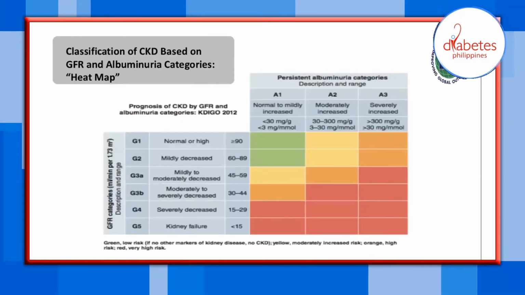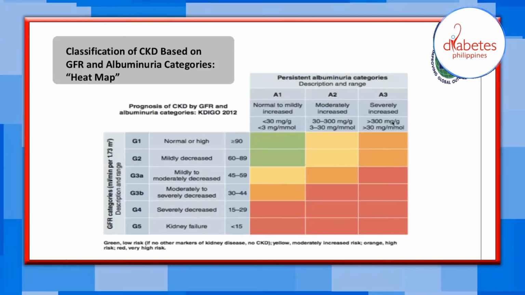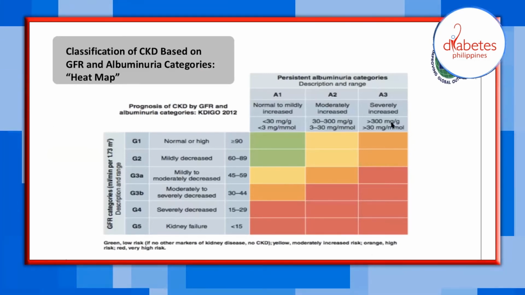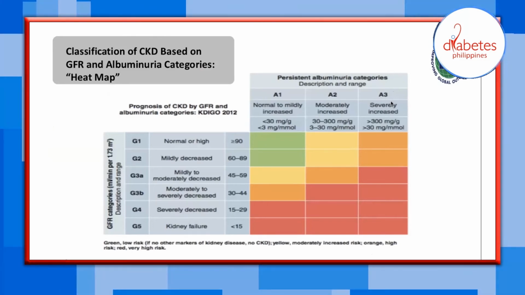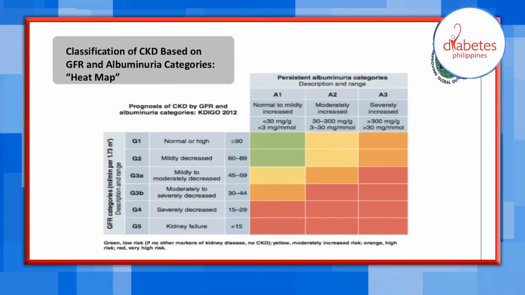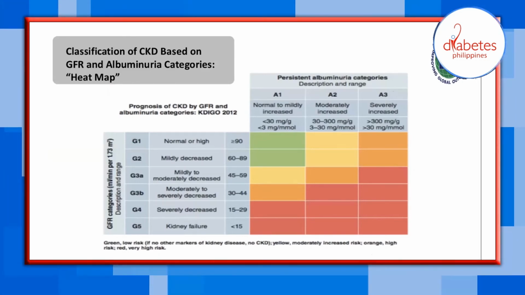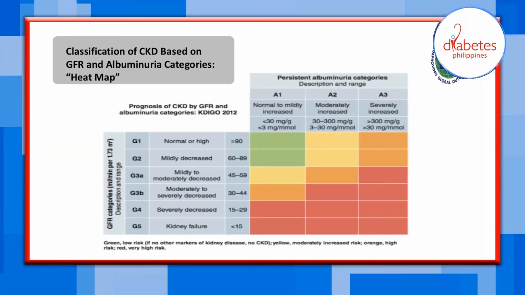Okay, so going back to your heat chart, as we've said before, we already have your albuminuria, which is A3 for our patient. So for your heat chart, CKD is classified based on 3 things. First is the cause, second is the GFR category, and the third is the albuminuria category.